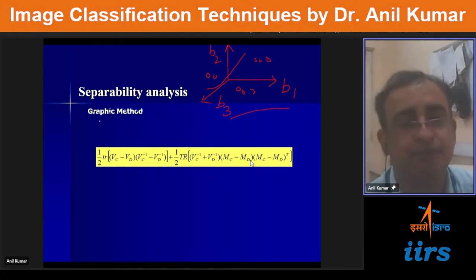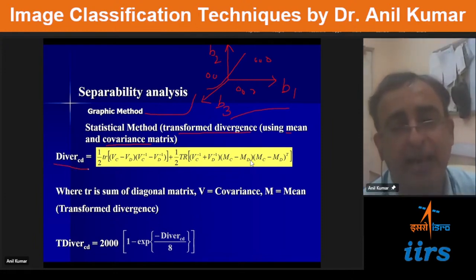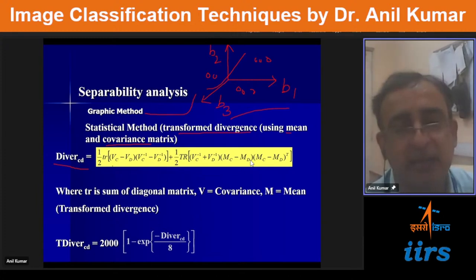This was the graphical method, and the second is the statistical methods. One is transformed divergence using the mean and covariance matrix. Here we have to calculate divergence between two classes, for example C and D, using the variance and mean value, and we use the divergence in this formula to get the transformed divergence.